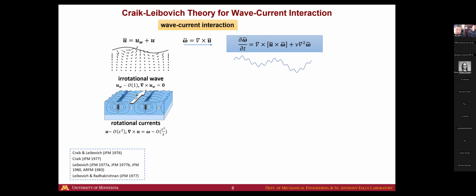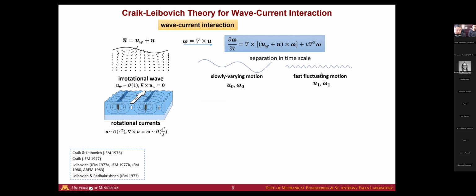What is done here is to use Helmholtz decomposition to decompose the flow velocity into the irrotational part that corresponds to the wave and the rotational part that corresponds to vorticity, turbulence, and so forth. And then for the vorticity evolution equation, it contains both the irrotational velocity, that is the wave orbital velocity, and the velocity associated with the rotational motions.